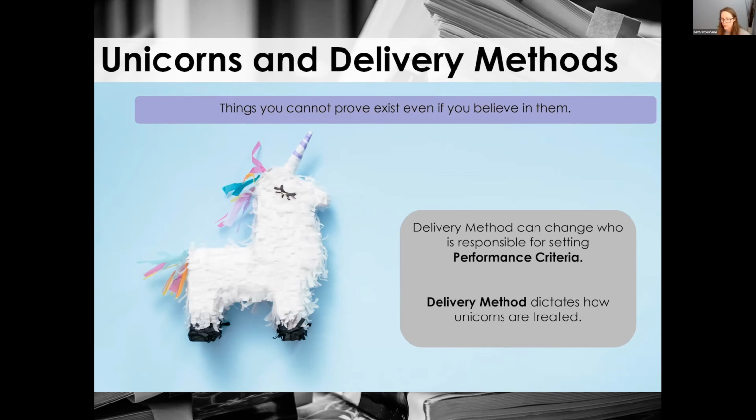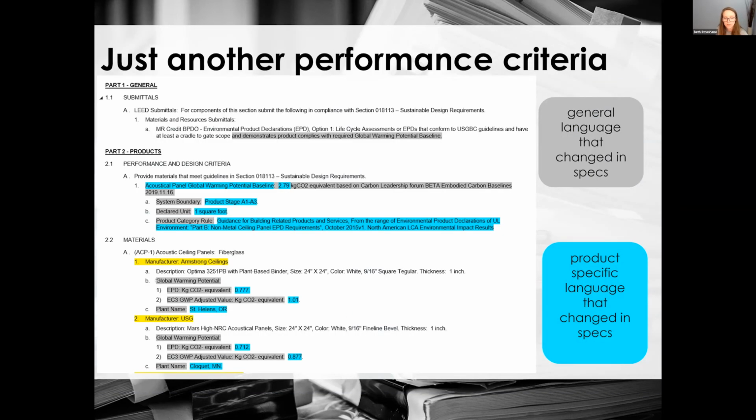So if the contractor comes back and says, well, I can't find a product that meets the baseline that you've shown, and you left this part out, even if you knew that it was true, and the contractor came back and provided an RFI that said, I was unable to find an acoustical ceiling panel within this baseline, if you've got this data already here that shows that it complies, then you've reduced the number of times that someone can say, well, I just couldn't find it.